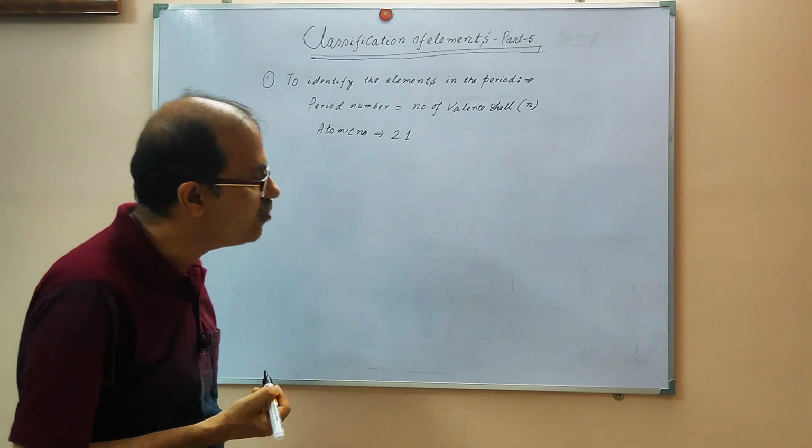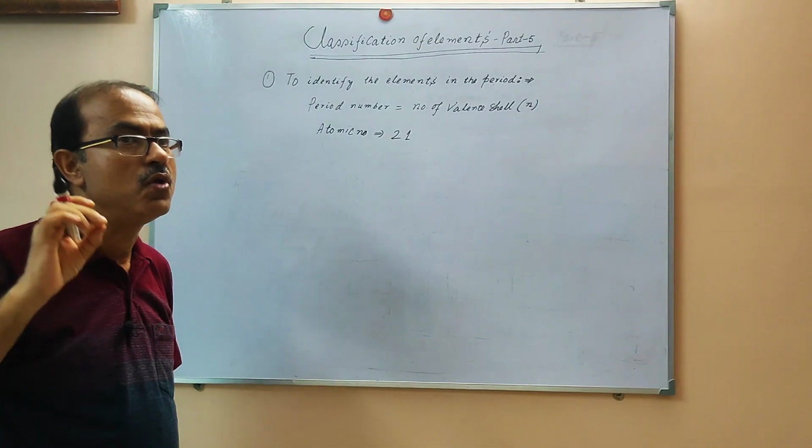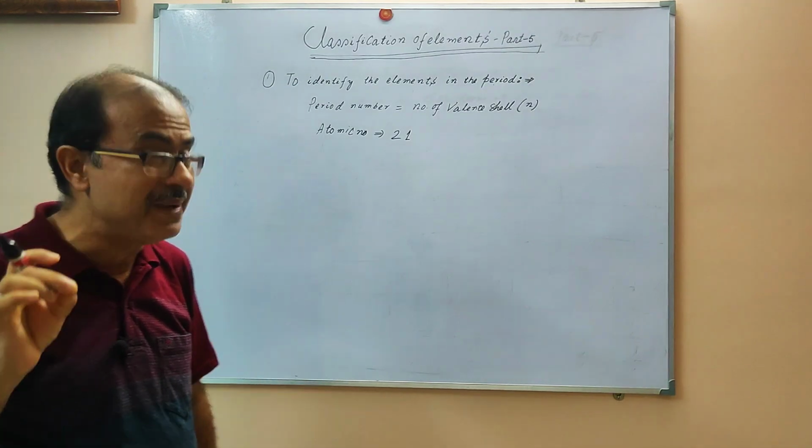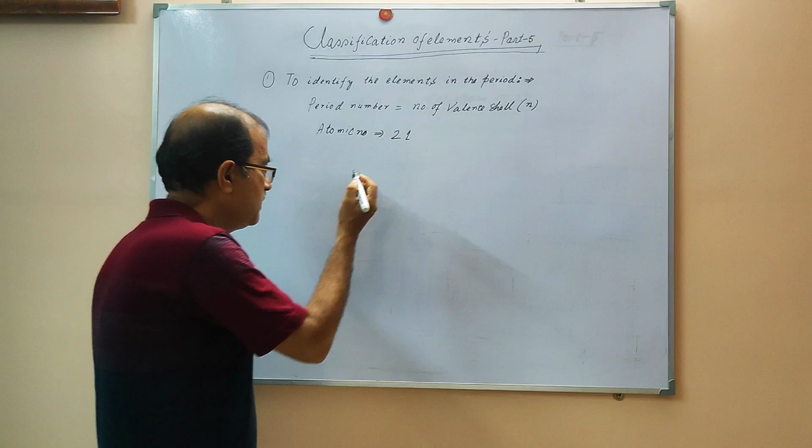To know the number of the valence shell, that is the principal quantum number of the valence shell, you have to write the electronic configuration.